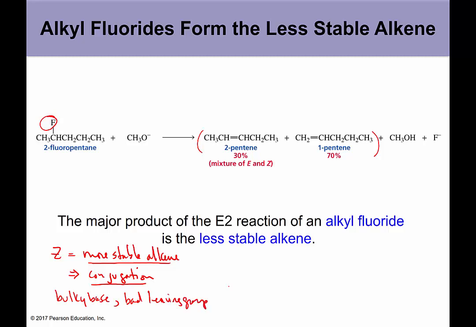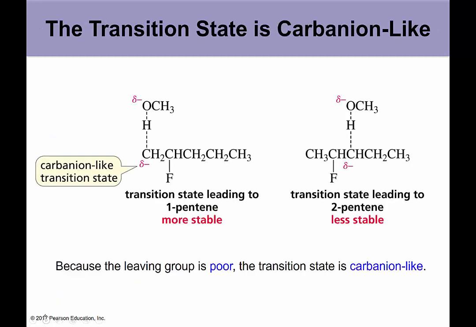Okay, so what does the bad leaving group have to do with anti-Zaitsev? If you look at the transition state for the E2, remember this is, we'll call it beta A, and we'll call this beta B. When you have a bad leaving group, you essentially have to push the fluoride off of the structure.